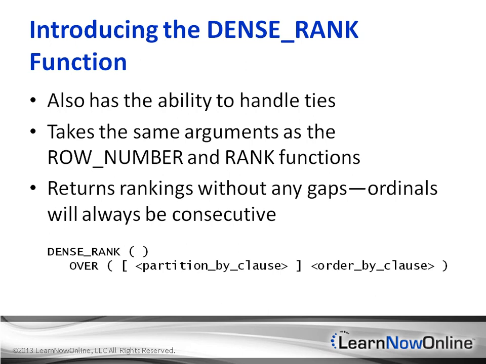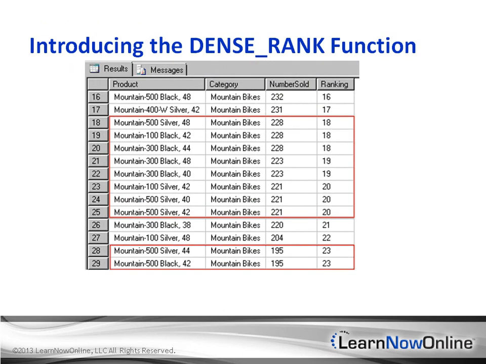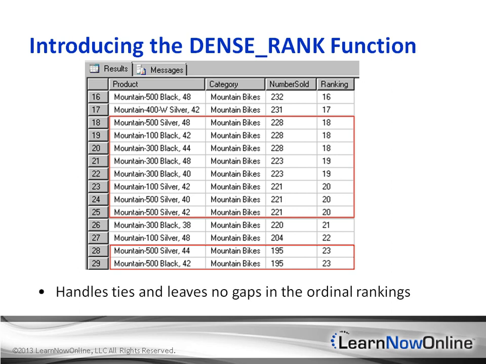Again, for your reference, just the syntax, identical to the last two functions. And now you can see we do have the consecutive order that we were expecting. Again, rows 18, 19, and 20 all assign the ranking 18, and then row 21 picks up with 19, so that's what we expect. No gaps in any of the rankings.